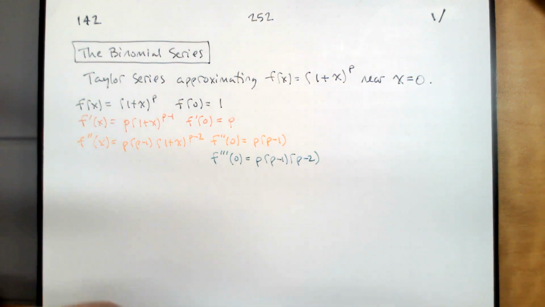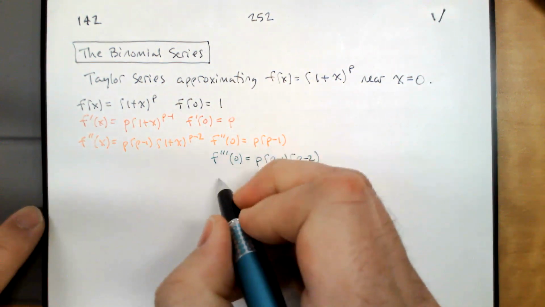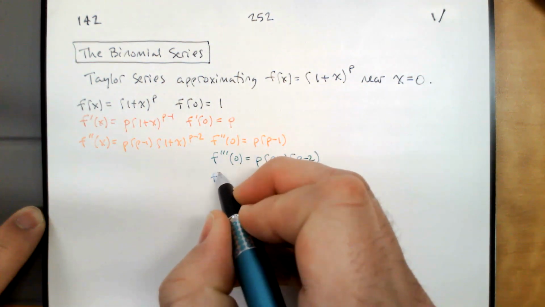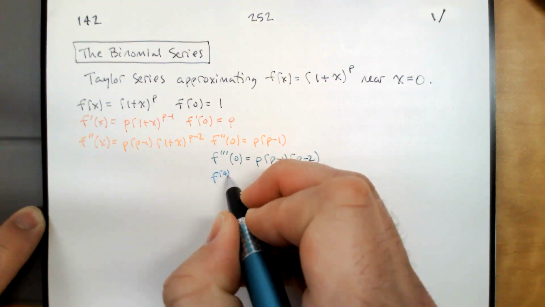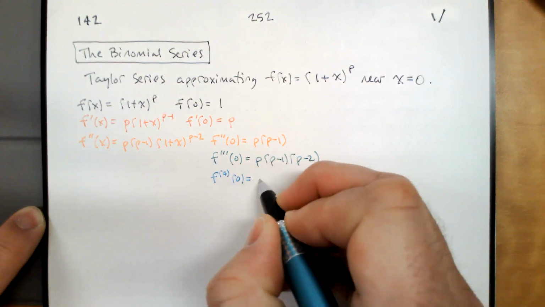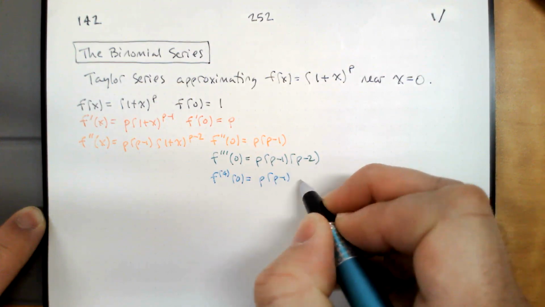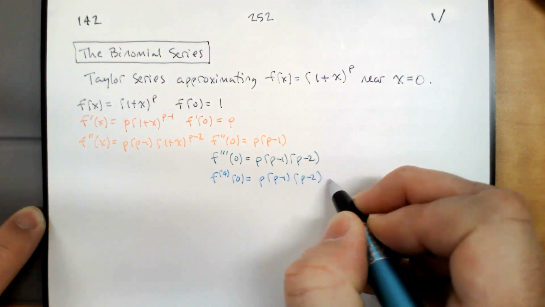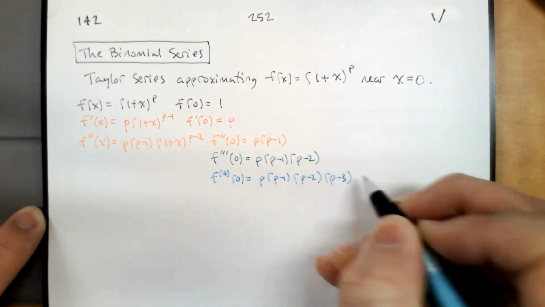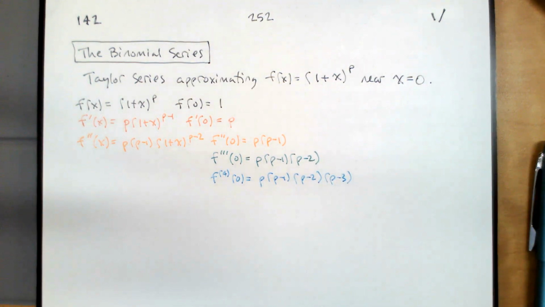And then the fourth derivative will have the first 4 factors of p factorial. So the nth derivative of f at 0 will be the first n factors of p factorial.